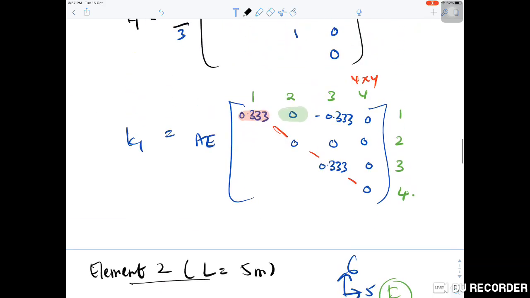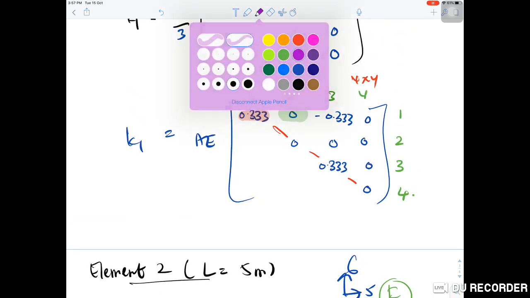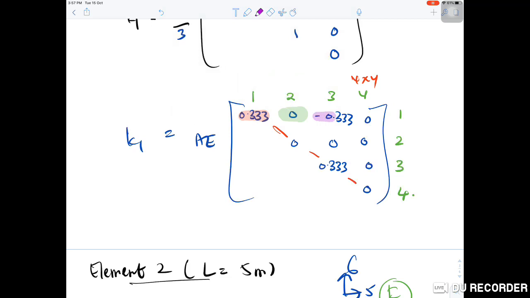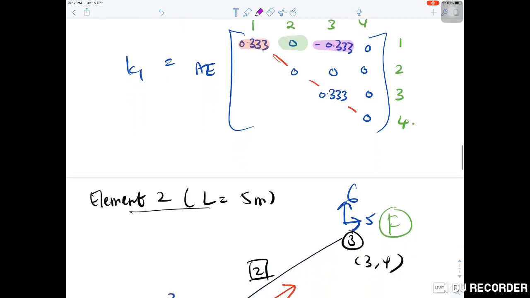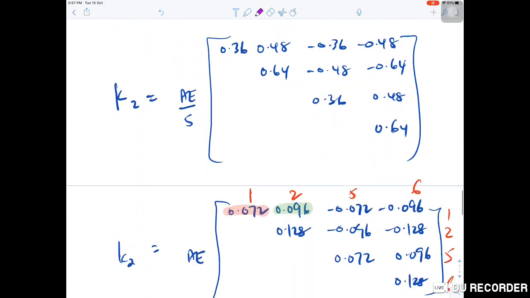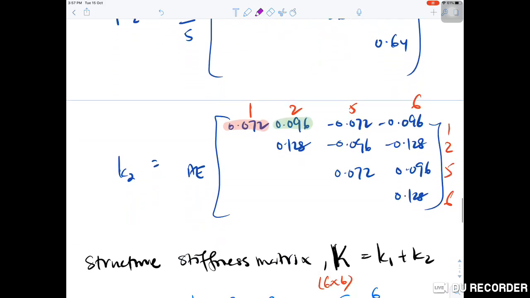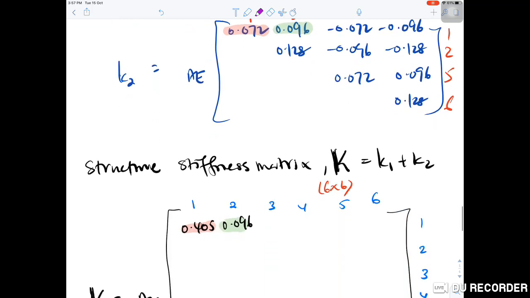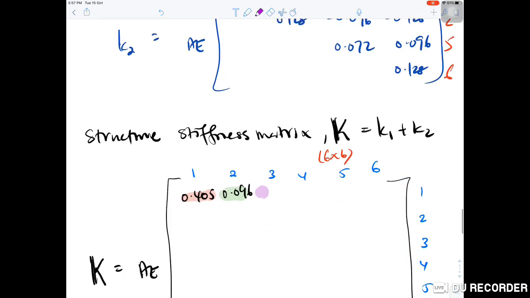For position 1, 3, 1, 3 is negative 0.333, and there is no 1, 3 in K2, so it is equal to negative 0.333.